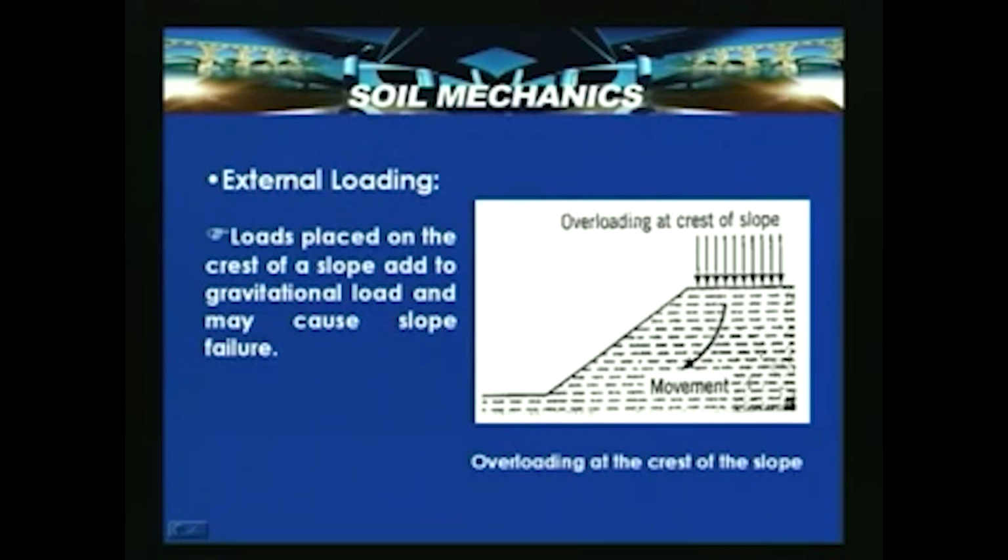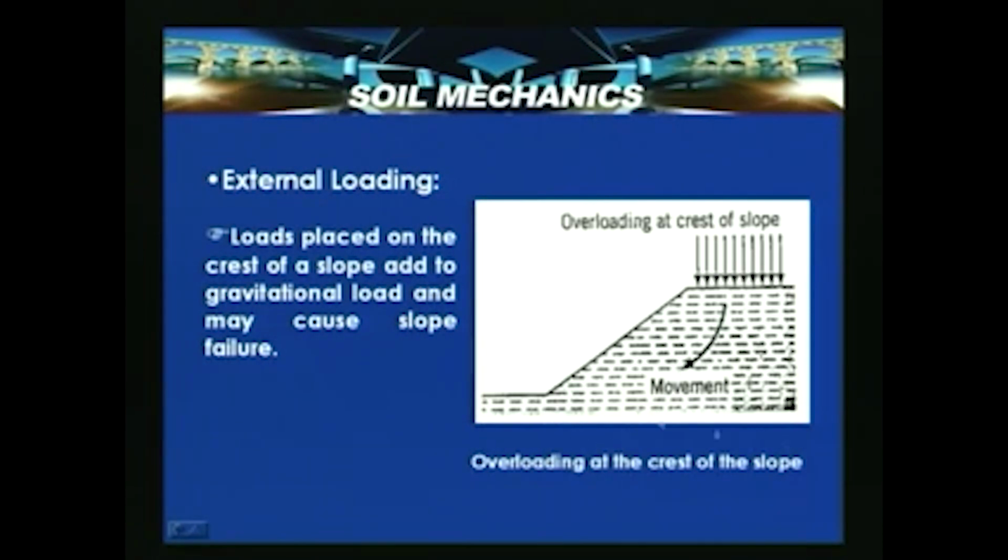And construction activities cannot be stopped because of infrastructure development and all. So, we tend to load these slopes with external loads, either due to building loads or due to construction of a certain structure on a particular slope. These external loadings induce instability in the slopes. If there is overloading at the crest of the slope, it adds to the instability and creates a movement.